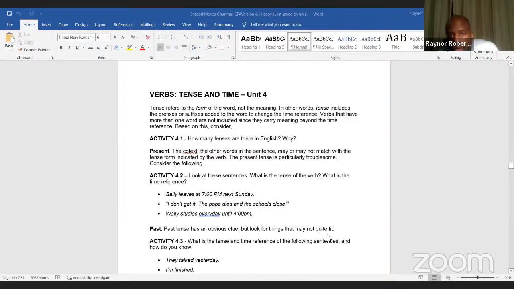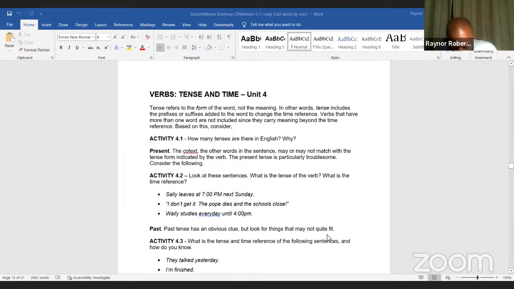Now, I guess your 4th grade English teacher would tell you that there's 12 tenses. Really? 12? There are that many of them. Yep. The simple present, the present continuous, the present perfect, the present perfect continuous, the simple past tense, the past continuous, the past perfect, and the past perfect continuous.